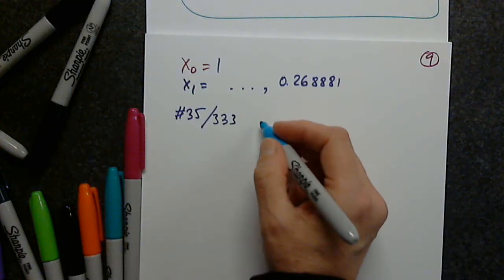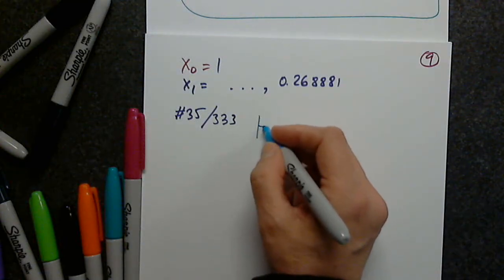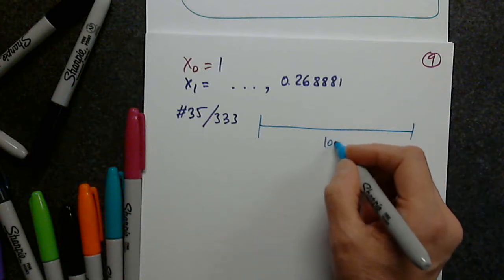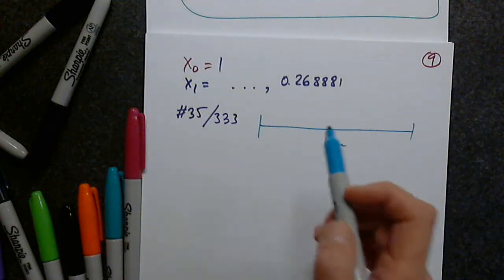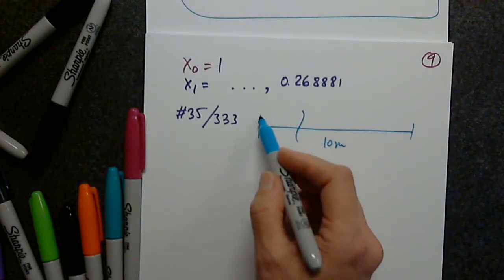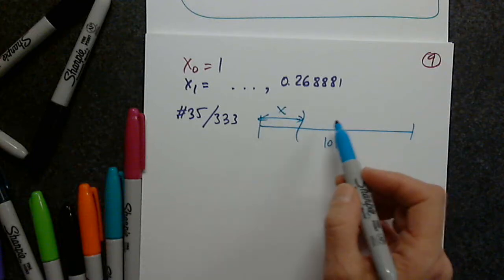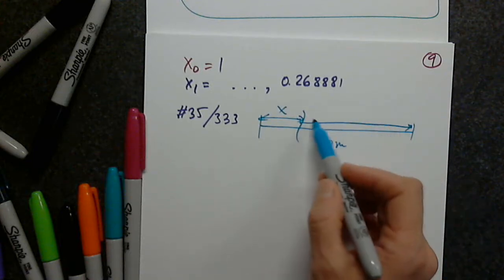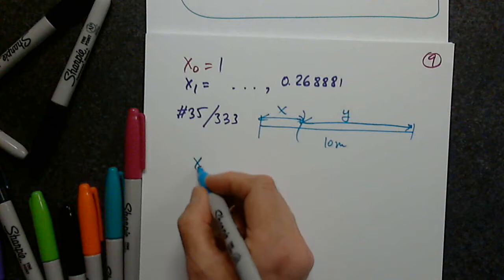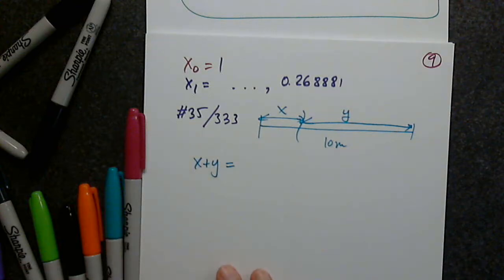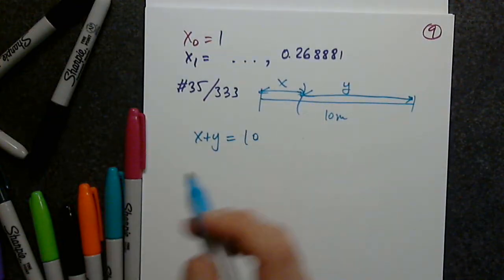So a piece of wire 10 meters long is cut into 2 pieces. This piece I'm going to say is X, and this piece I'm going to denote by Y. So obviously X plus Y must equal 10.